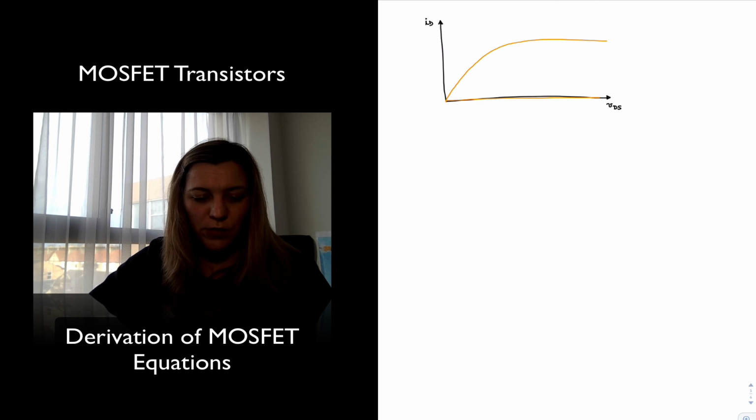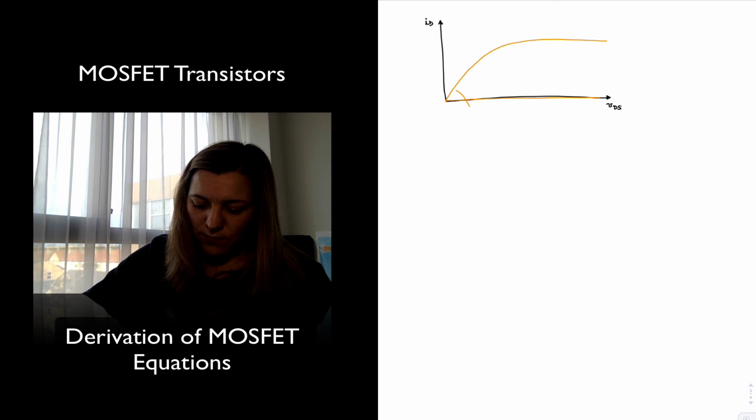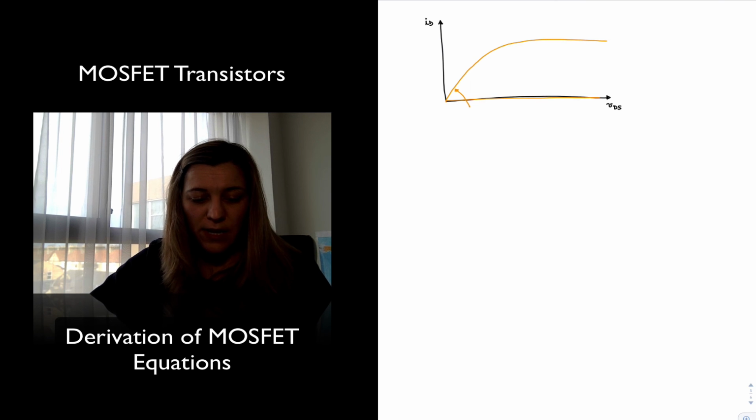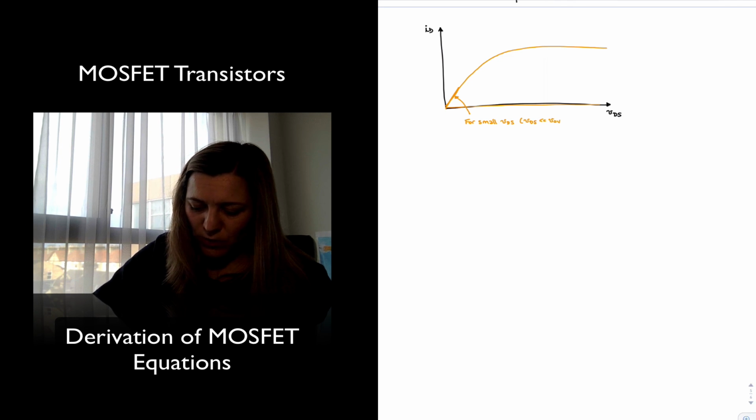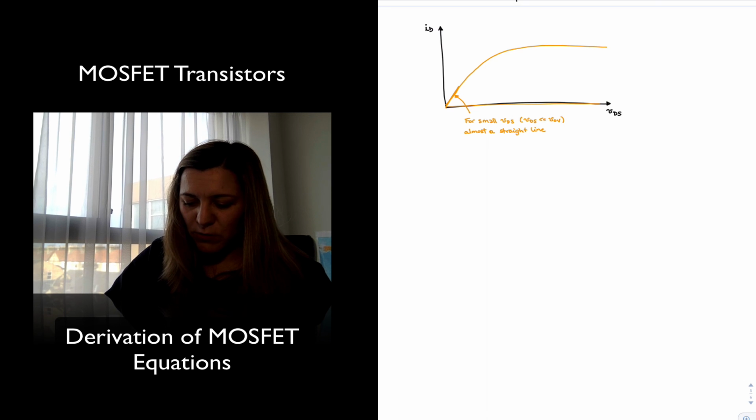And so basically we will observe that for small values of VDS, much smaller than the overdrive voltage, we have almost a straight line, so a quasi-linear relationship. So basically a resistive dependency between VDS and ID.